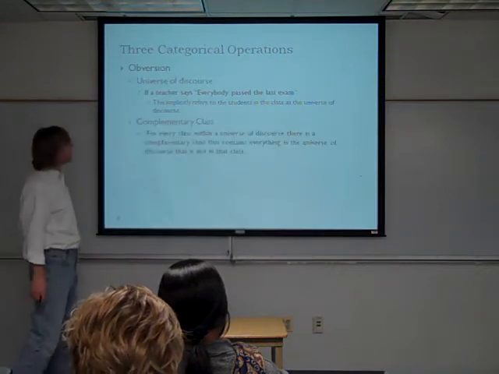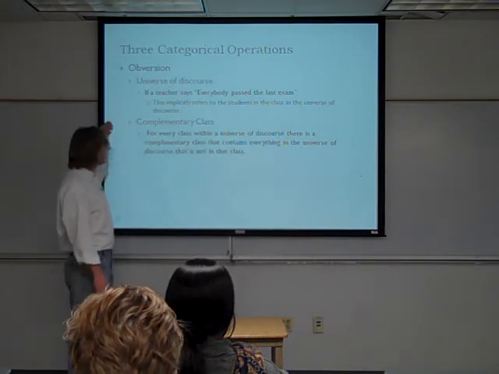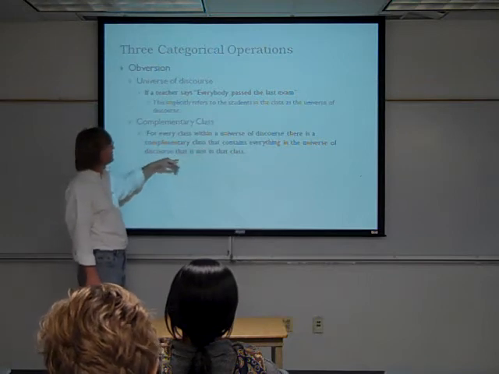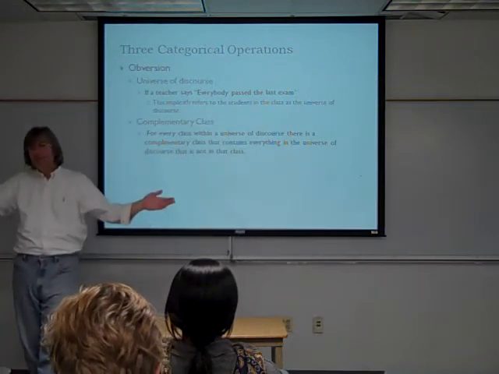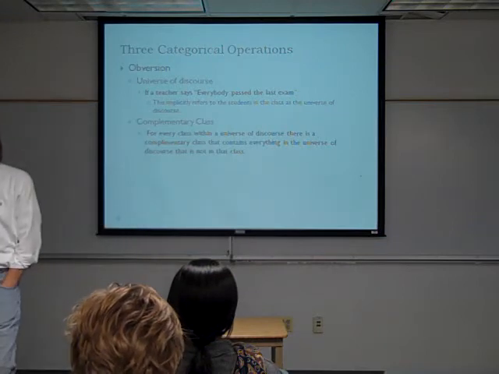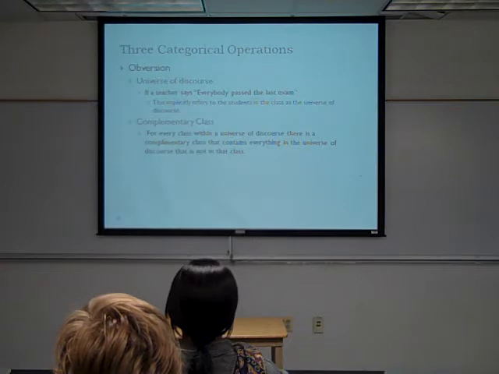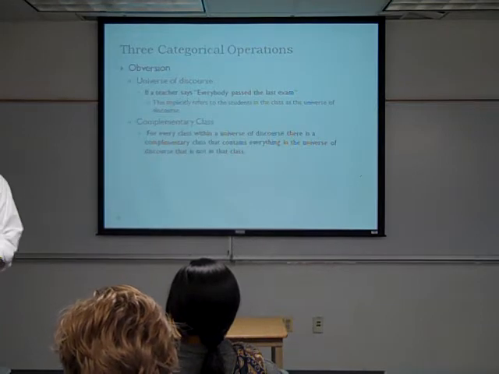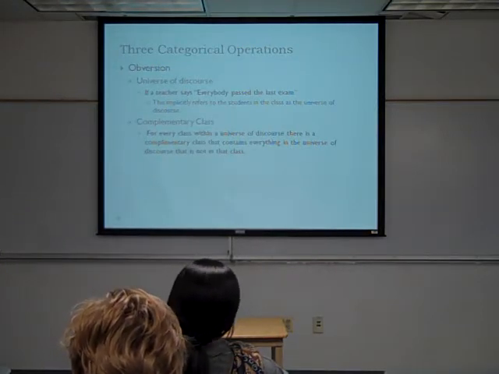Now think about it: for every class within a universe of discourse, there is a complementary class that contains everything in that universe of discourse that is not in that class. Put simply, on the last quiz, all of us took it. The universe of discourse is going to refer to all the students in the class that took the quiz.